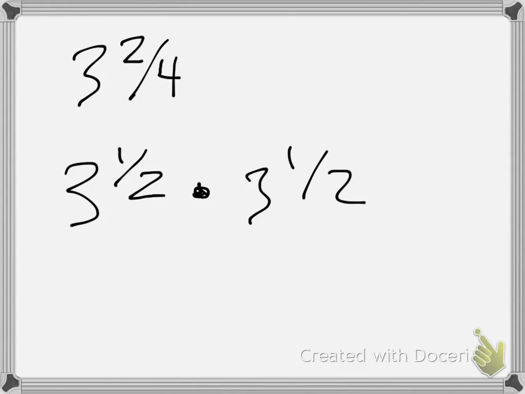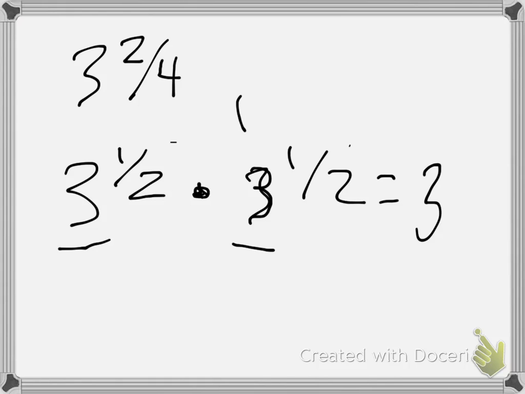Okay, now this part gets a little tricky to me. So what you're going to do is you're going to keep your base, in this case, which is 3. So you're going to have 3. And then in this case, you're not going to multiply the exponents.